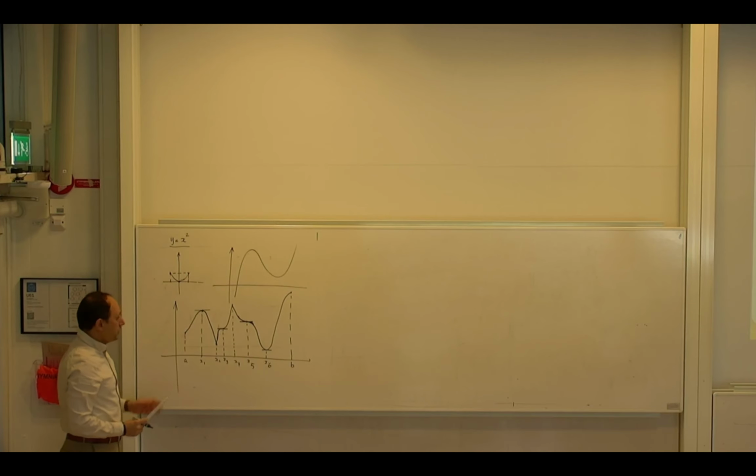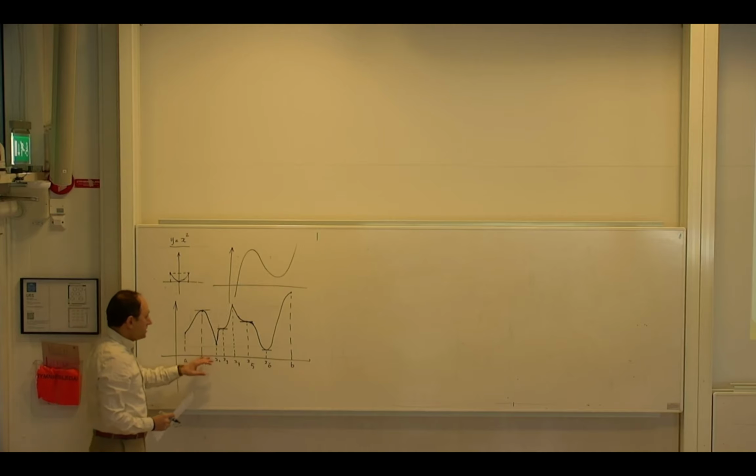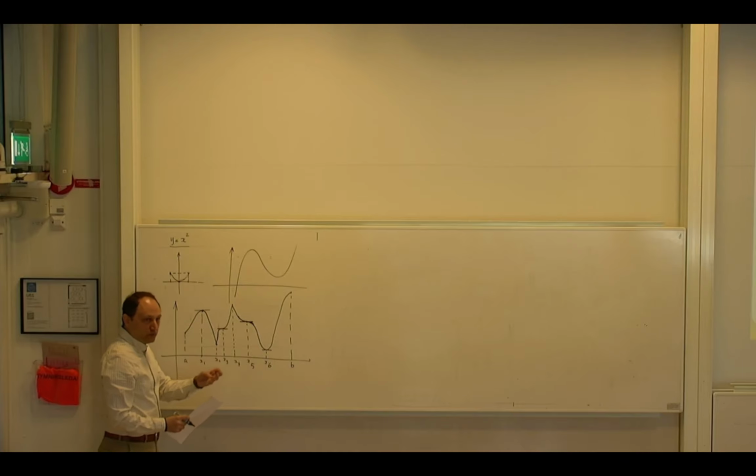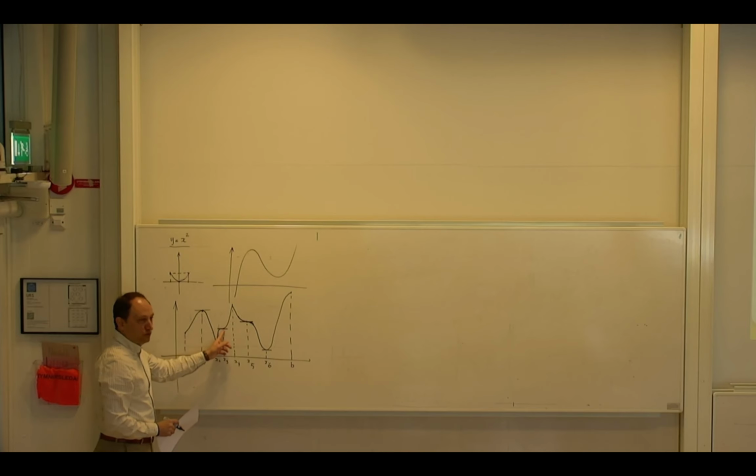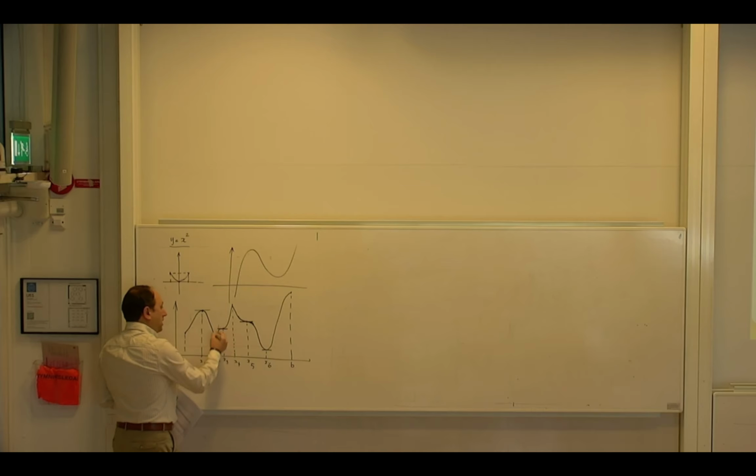So if I take the derivative and equate it to 0, you immediately see that there is no guarantee that I can find the coordinates for the local minimum and the local maximum. Local minimum and local maximum points of this type are among them, but there might be some fake ones also coming in, which I'm not interested in. This is not a local minimum point. Do you see that? Because this point is higher than the points on the left, but it is lower than the points on the right.